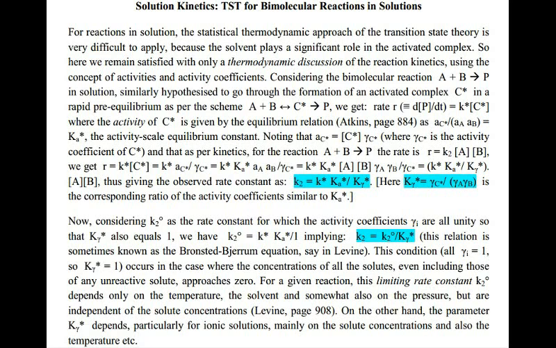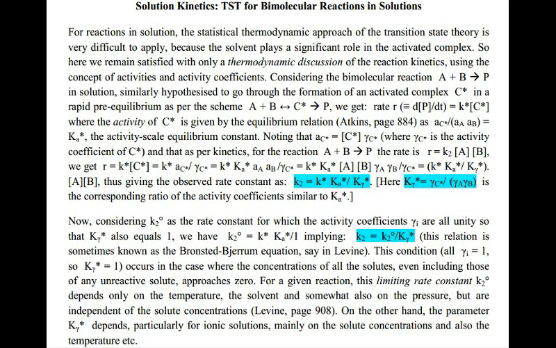Now we understood what this k2⁰, the limiting rate constant, means: it is the hypothetical rate constant where the concentration of all the solutes, including reacting and non-reacting solutes, approaches zero. If the solution practically becomes like pure solvent, then Kγ* will be 1 and k2 will equal k2⁰.